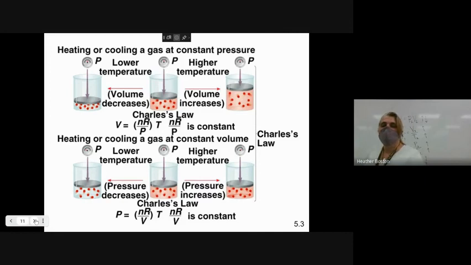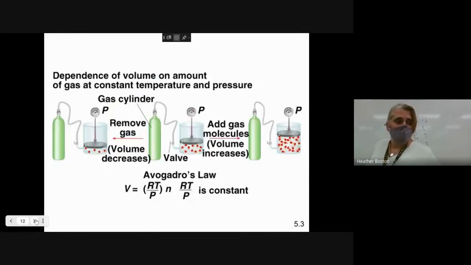Increase the temperature, the particles start to move faster, they take up more space. If you increase the pressure, then the temperature will also go up. Yes. Moles. N is for moles.